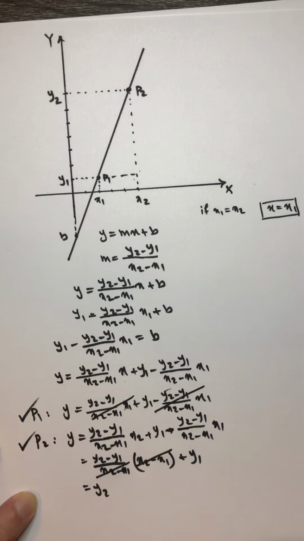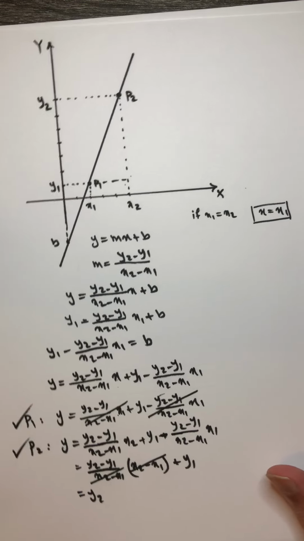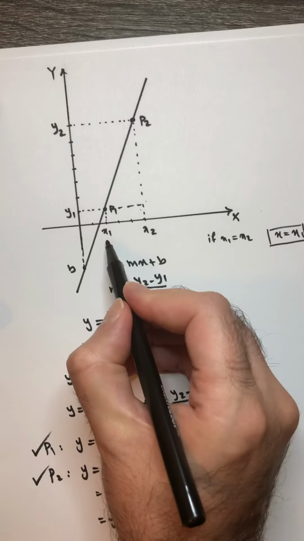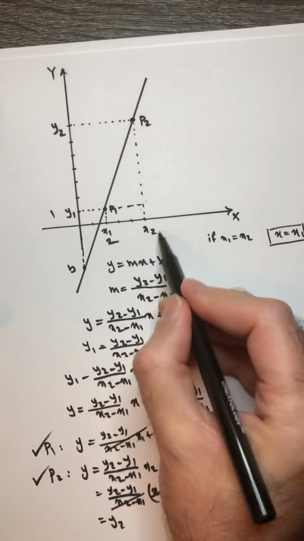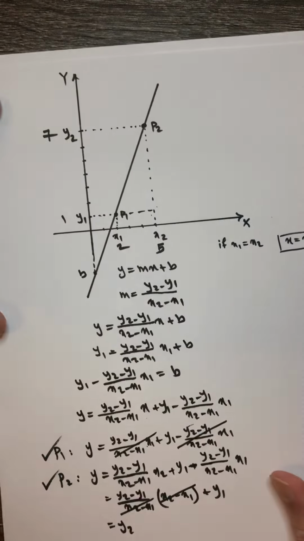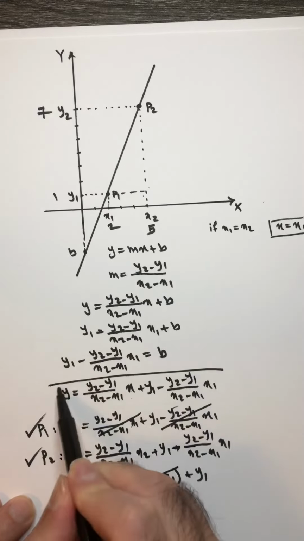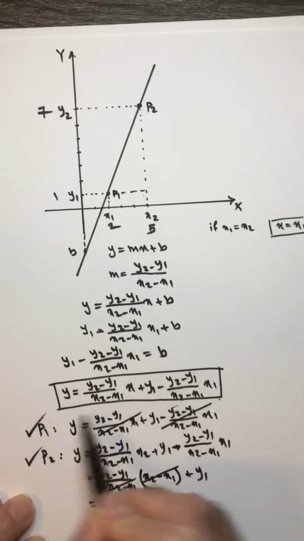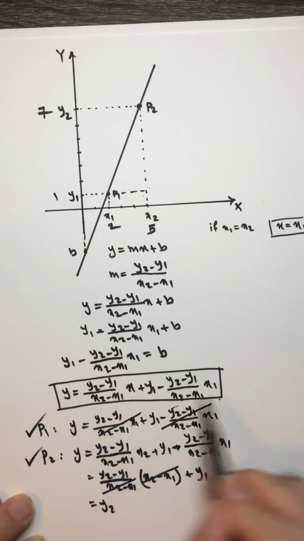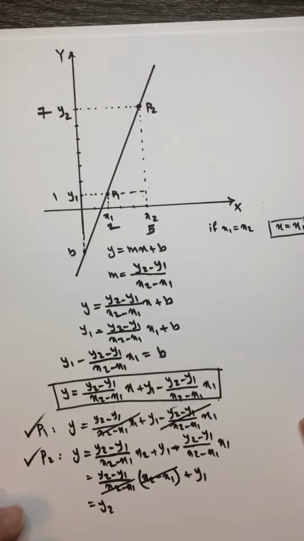So P2 is also checked. Now let's do an exercise with some numbers. Let's assume x1 is 2, y1 is 1, x2 is 5, and y2 is 7. We could insert these values into the equation we found and get the equation of the line, but we want to go through the exact steps, this time with numbers.